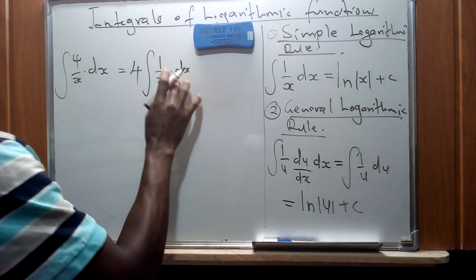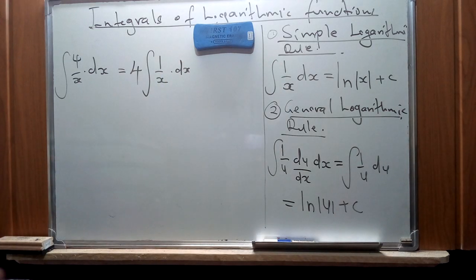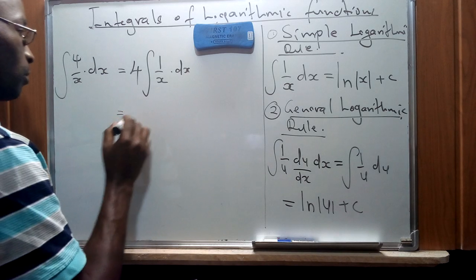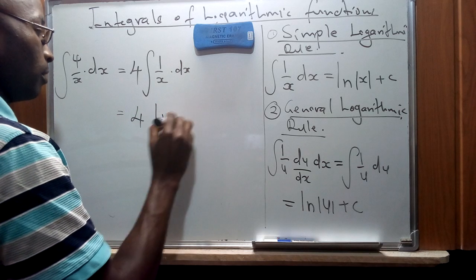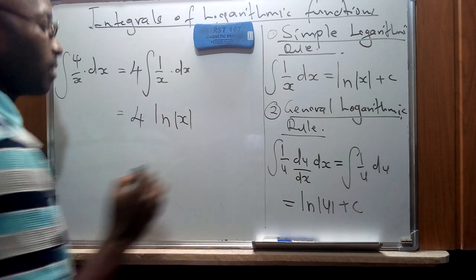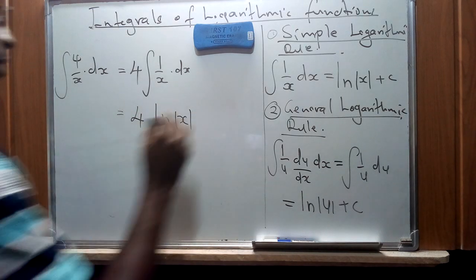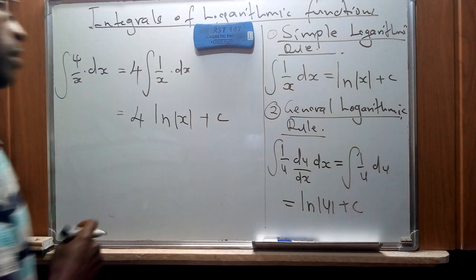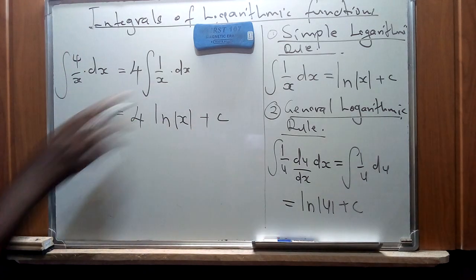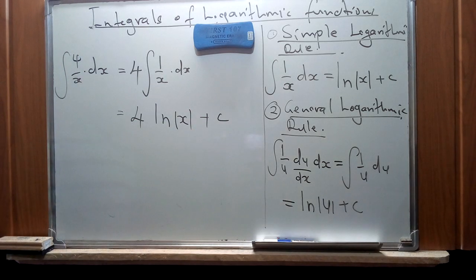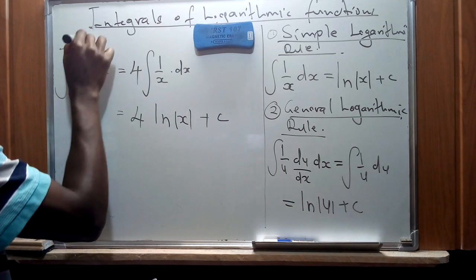This resembles the first simple logarithmic rule, so we are going to use that rule to solve this. The answer will be 4 natural log of x plus c. So integrals of this form apply the first simple logarithmic rule. That's sample question 1.